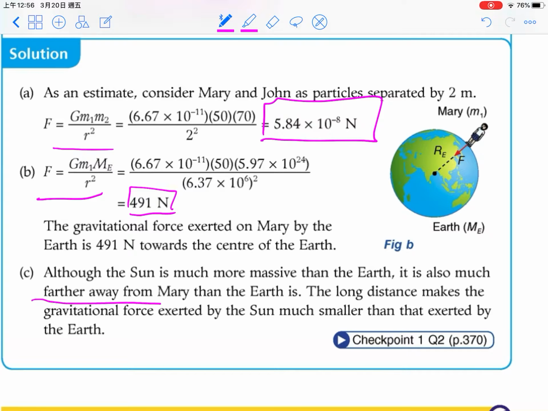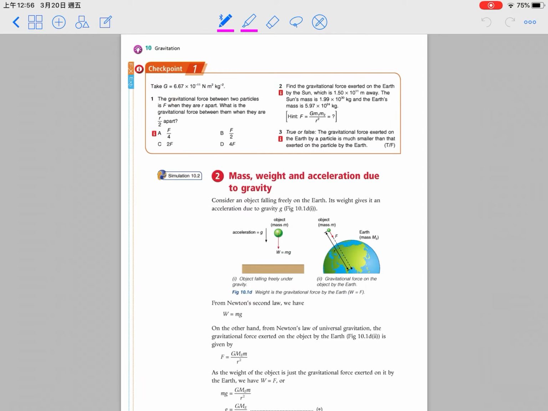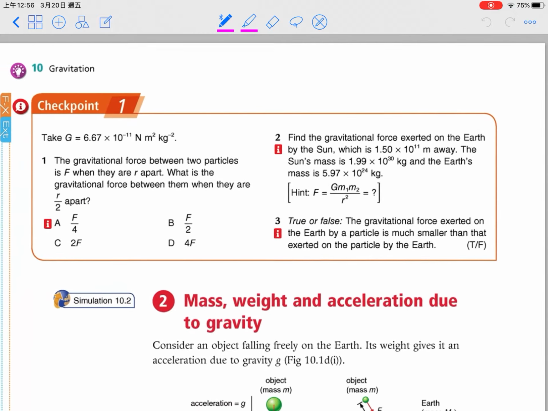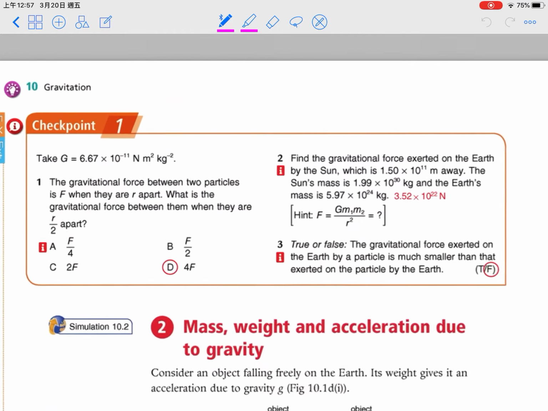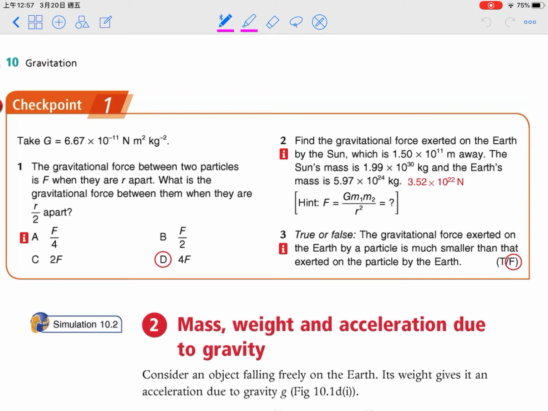So by the equation, with a very long distance, the gravitational force due to the Sun will be very small. Now maybe we try the exercise. Make good use of the equation to find the gravitational force. You may try the answer here.